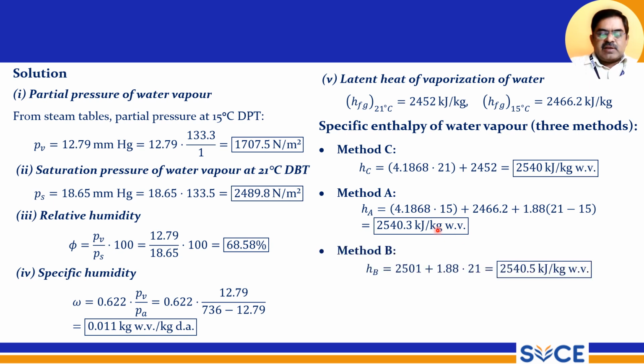Method B, HB is equal to 2501 plus 1.88 into 21, so that is equal to 2540.5. So almost the same. Using three methods we can find, and you note that the three values are extremely close to each other. All three methods result in almost the same values, differing only in fractional values, but it is considered to be the same.